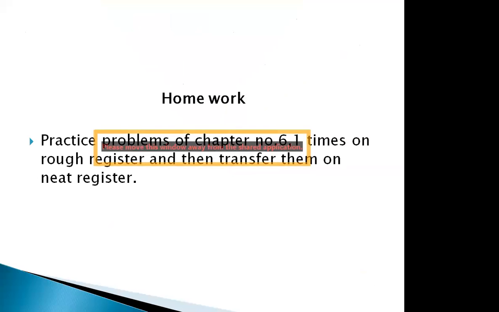Try to solve them by yourself on the rough register. When you are expert in solving these, then transfer them to the neat register. I will check only one time on the neat register. The rough register is for your practice.